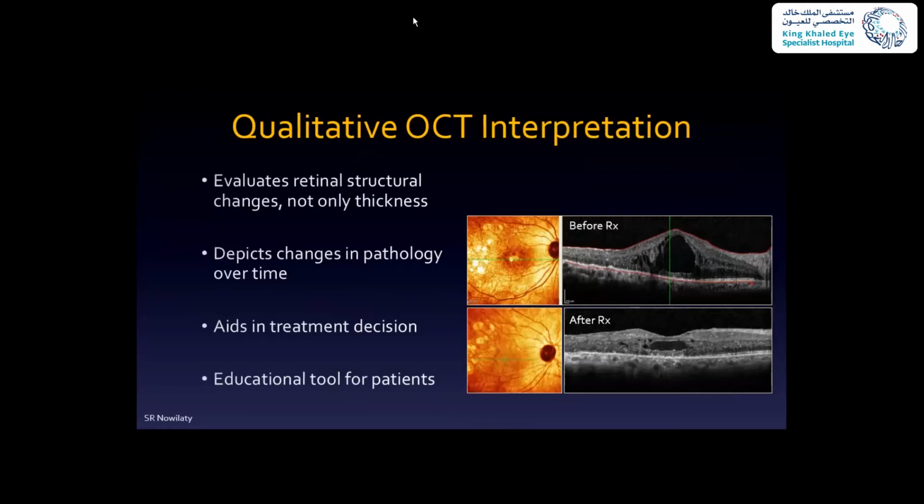So we're going to go to the qualitative interpretation, and I need to know by now if you have any questions so far, because this is where it's going to get very interesting and where you have to be super alert. Do you guys have any questions?